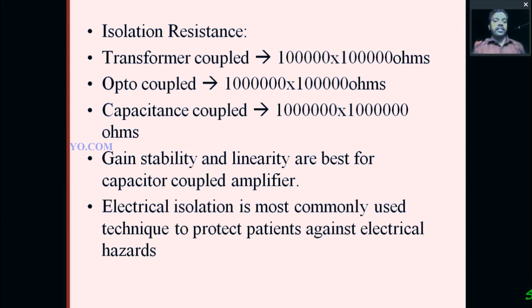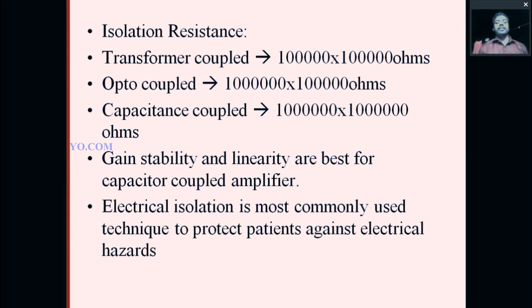So transformer coupled has 10 power 10 ohms, optocoupled has 10 power 11 ohms, and capacitor coupled is 10 power 12 ohms. These are the resistance of the isolation barrier.